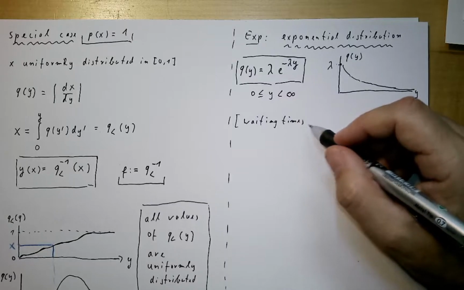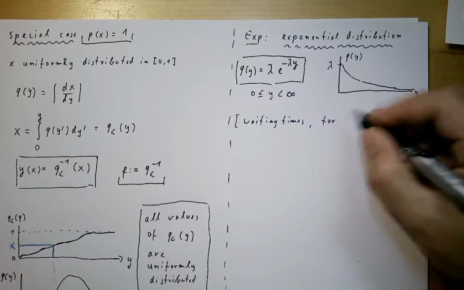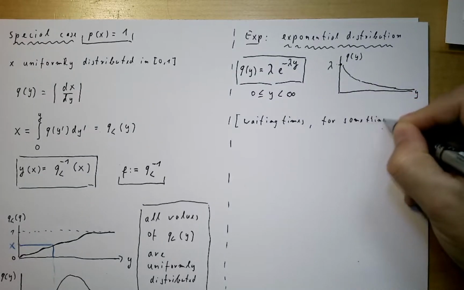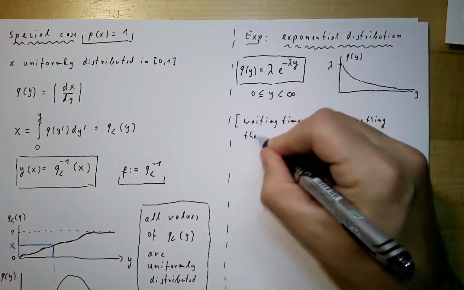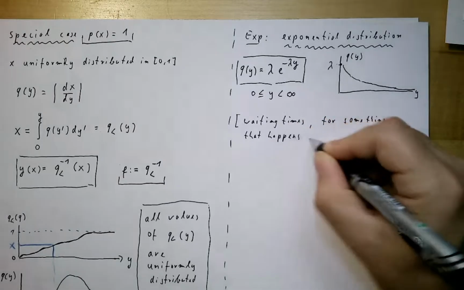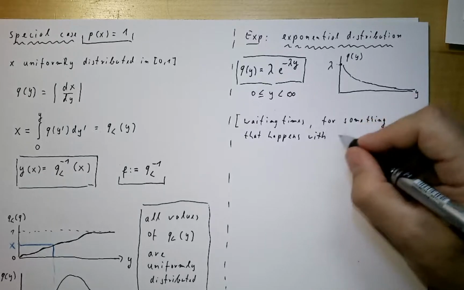So this is the waiting time for something that happens with a constant rate.